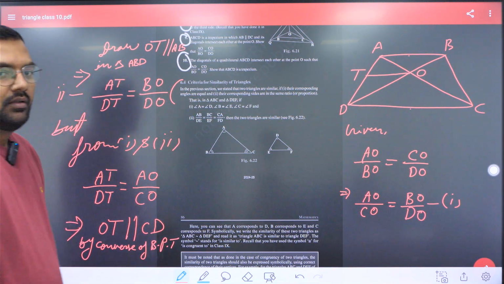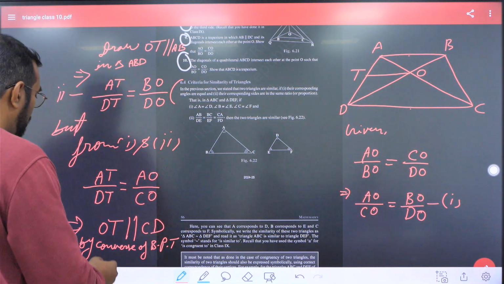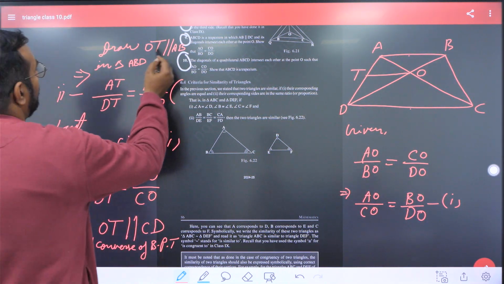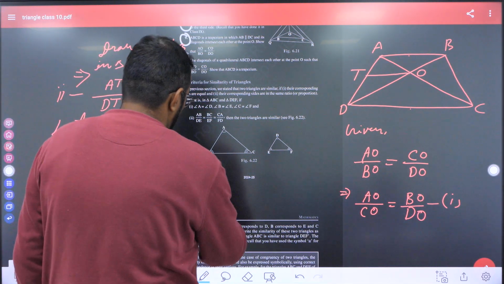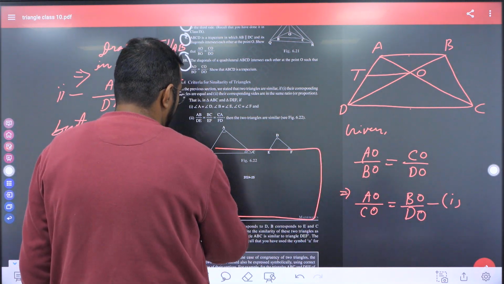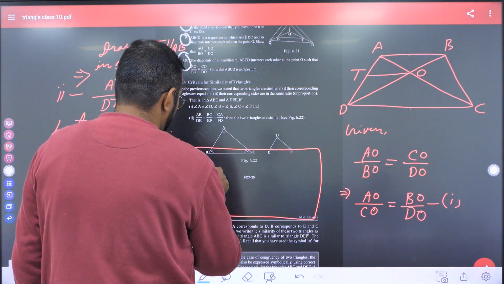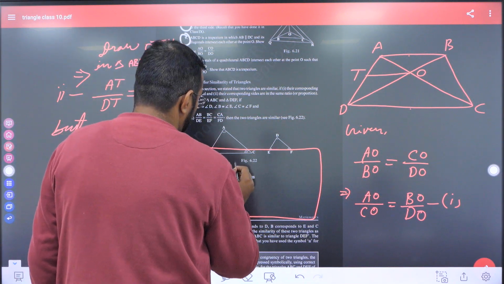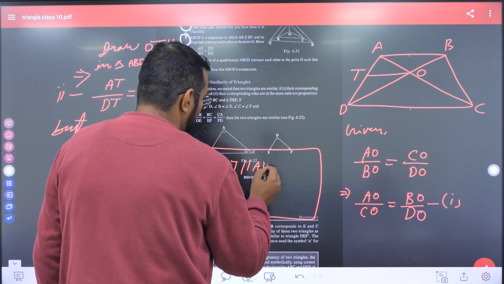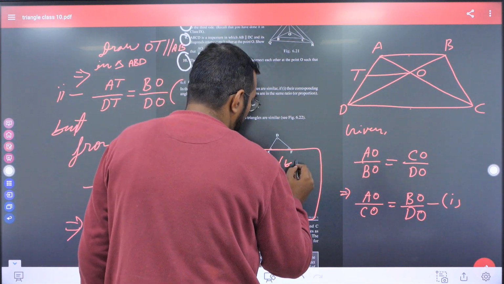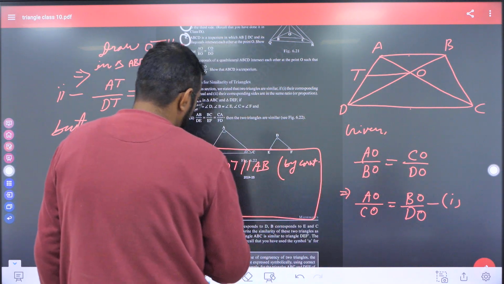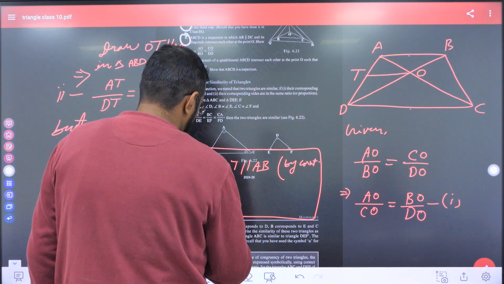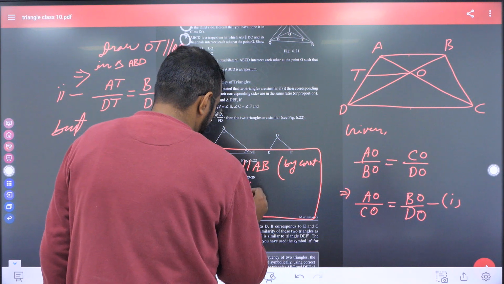So AB parallel to CD. Here OT is parallel to CD as well as OT is parallel to AB, है ना? So we can say कि AB is parallel to CD. Now look at this. What we will write कि OT parallel AB by construction and OT is parallel CD.